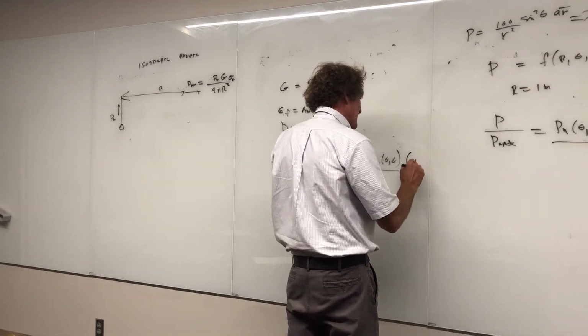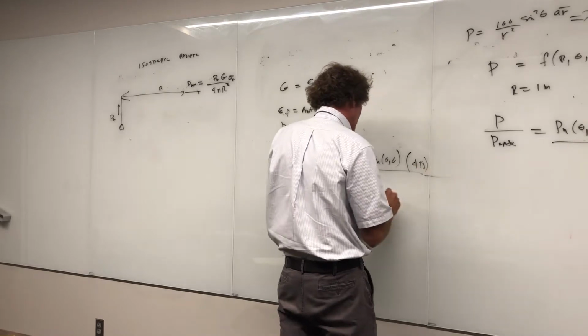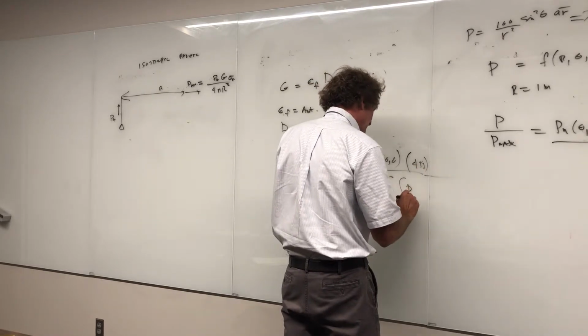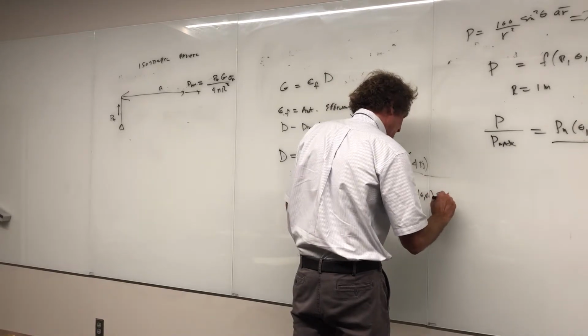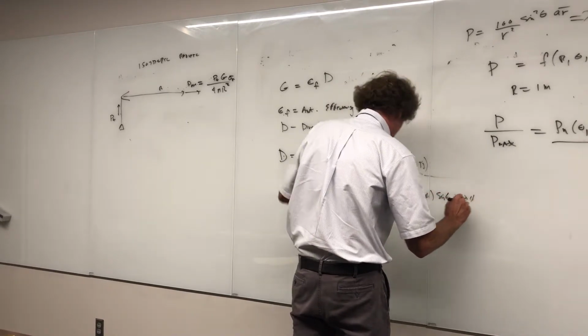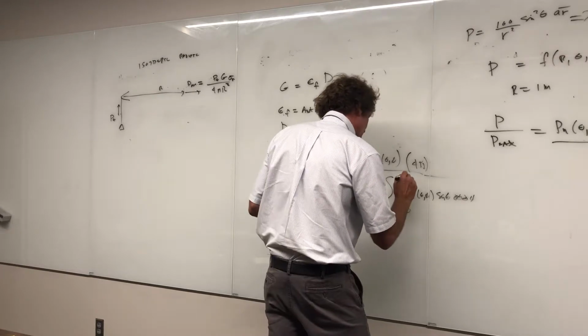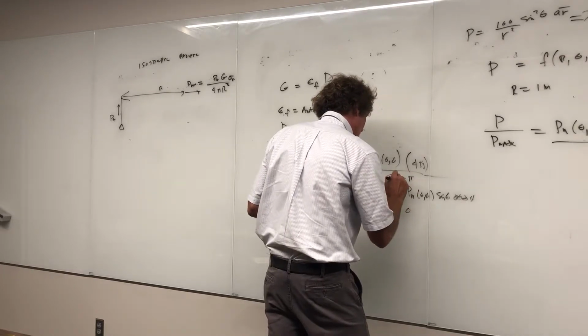So the 4 pi comes upstairs, and then downstairs I get this double integral of the P normalized of theta, phi times the sine of theta d theta d phi. And here I go from 0 to pi and 0 to 2 pi.